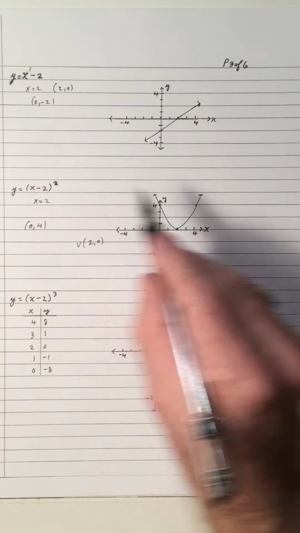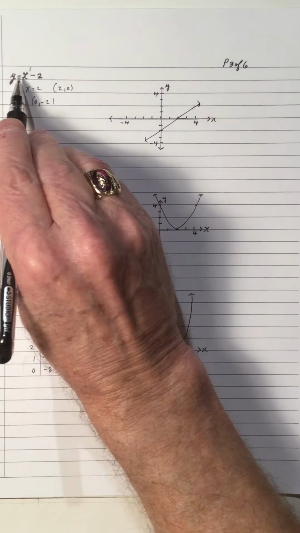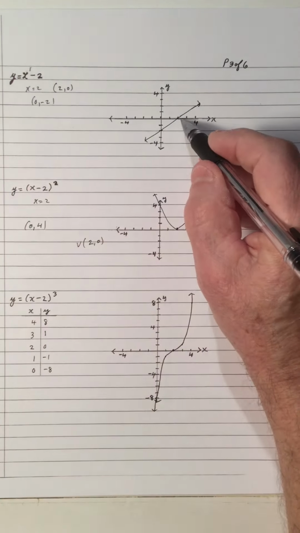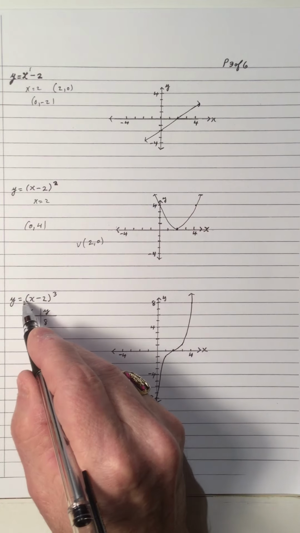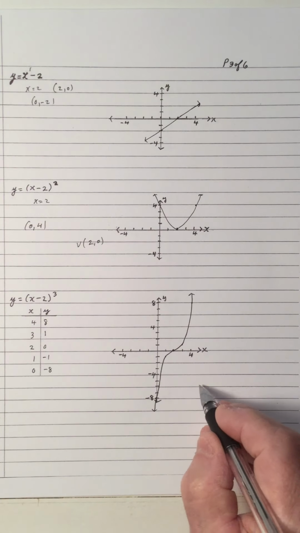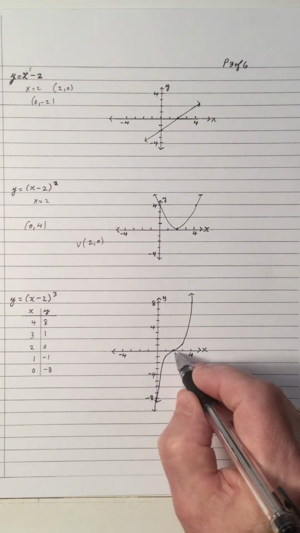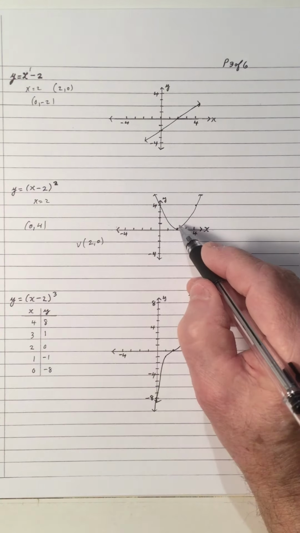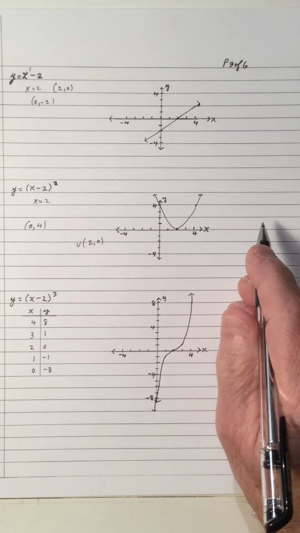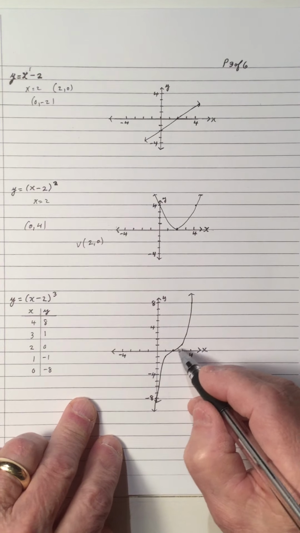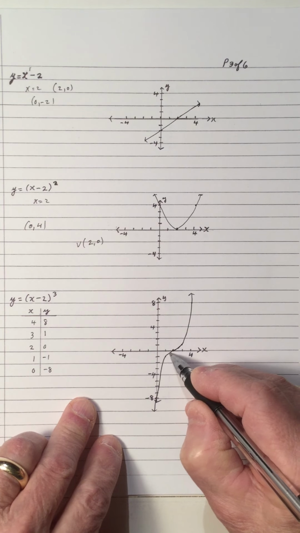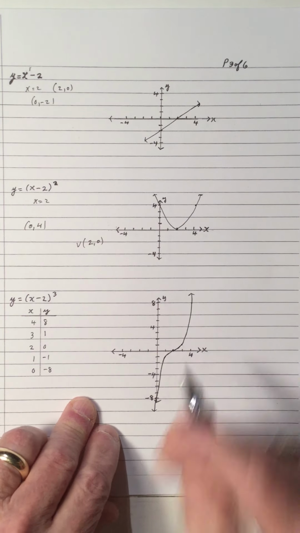If this was negative, this would go downward, turned over and reflected. Again, the negative means it's reflected, it's turned over. Again, notice it's a sideways S for x cubed.